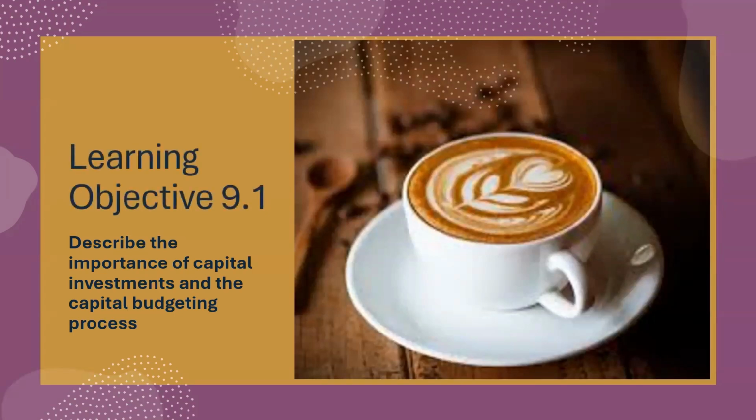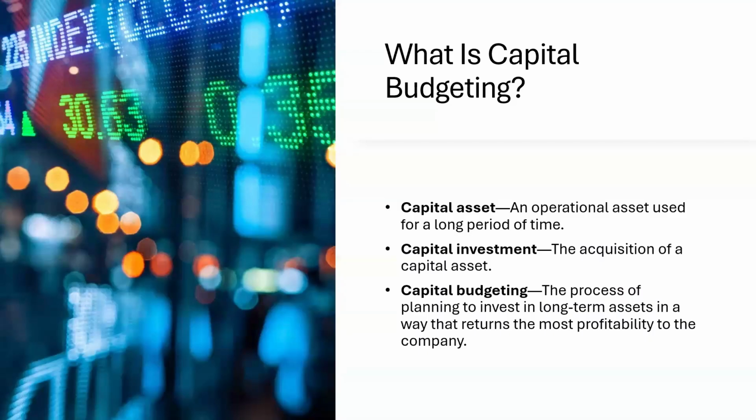So one is describe the importance of capital investments and the capital budgeting process. Now, this chapter focuses on how companies make capital investment decisions, which is a process commonly referred to as capital budgeting.